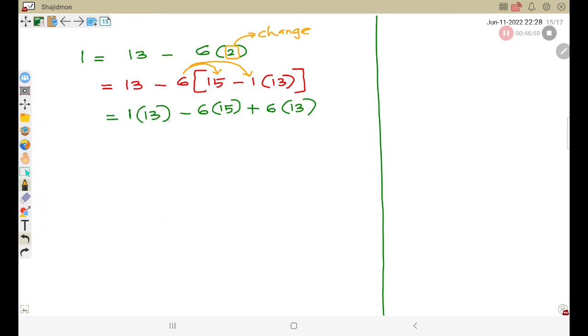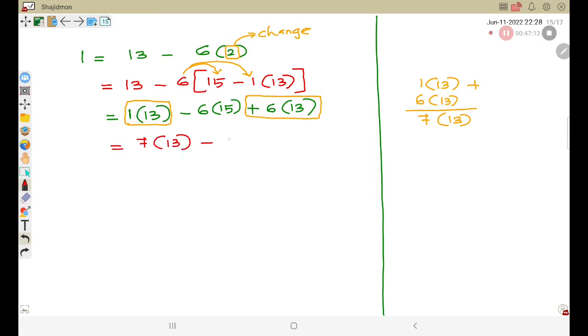What are the same terms? 1 multiplied by 13 is here, plus 6 multiplied by 13 is here. How much will it come? 13 same, 6 plus 1, 7. So we can write equals 7 multiplied by 13 minus 6 multiplied by 15.